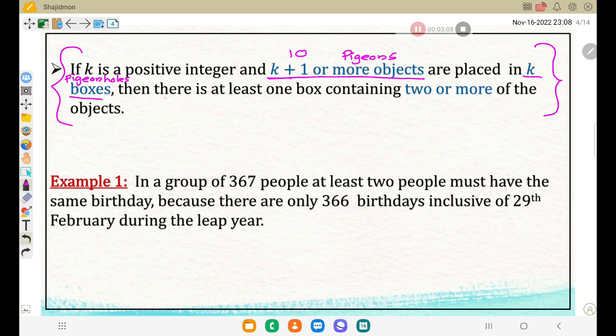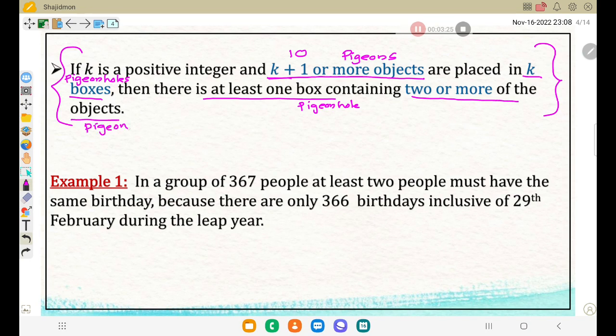Then the rule says there is at least one box, that is at least one pigeonhole, containing 2 or more of the objects.